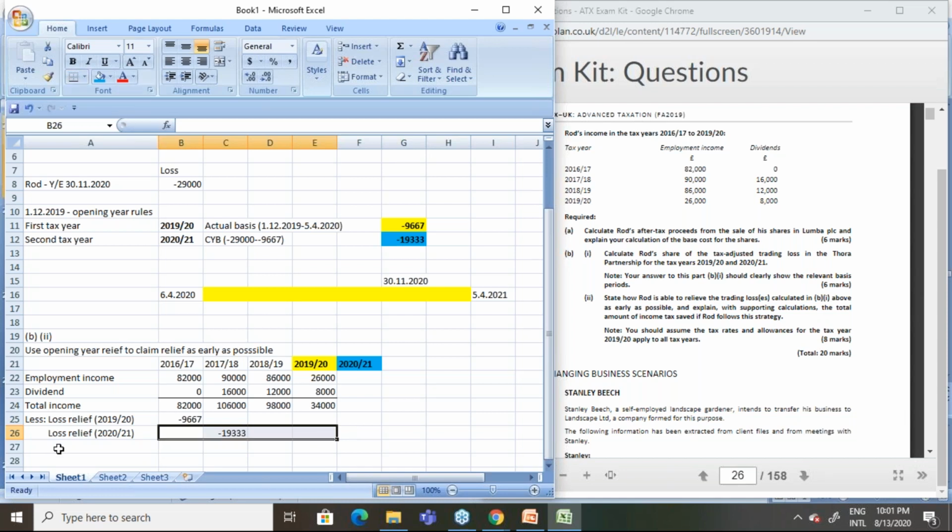You don't have to actually show the net income. They just want you to explain the tax saving that you can have. So here the net income will be this.